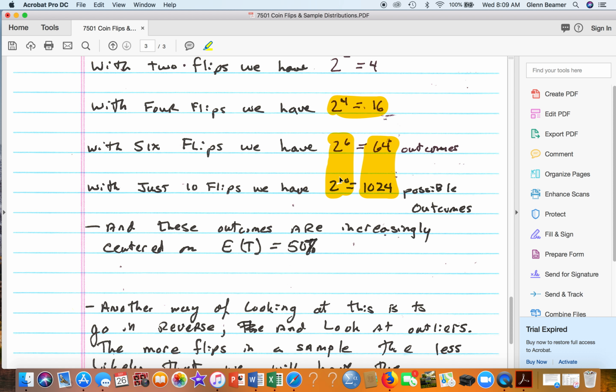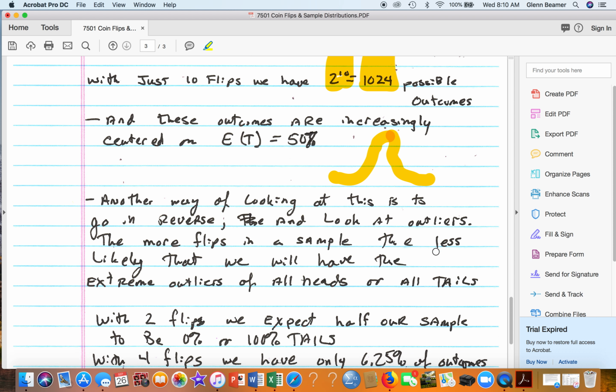I can walk through that a little bit more in class, or I'll provide a couple of samples of 10 to give you an idea. I don't want to get ahead of myself, but basically you can see that the number of outcomes is going to increasingly center on something like that. And so that's why we just continue to get a steeper and tighter normal curve.